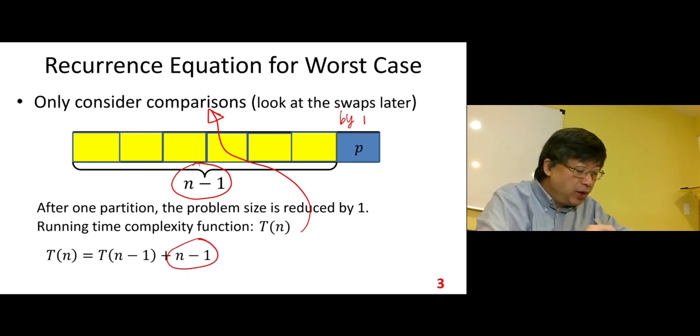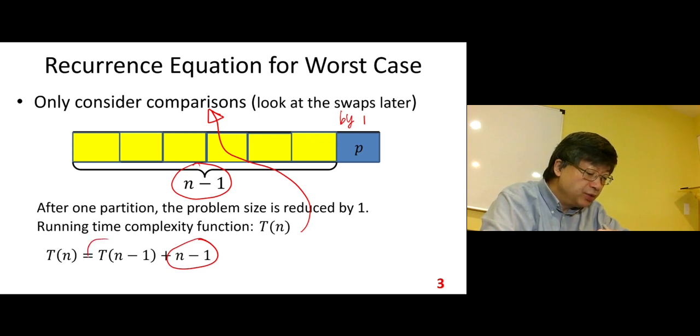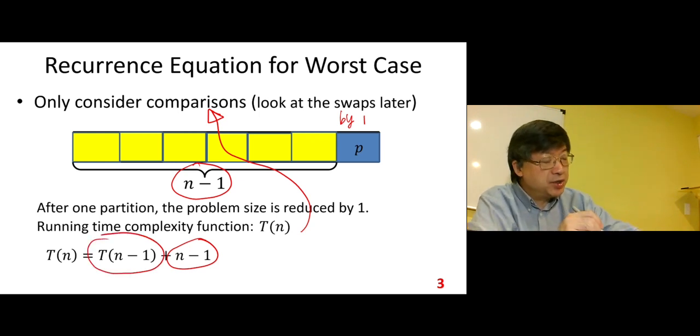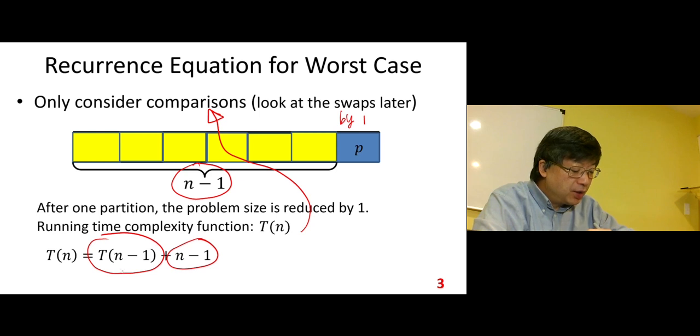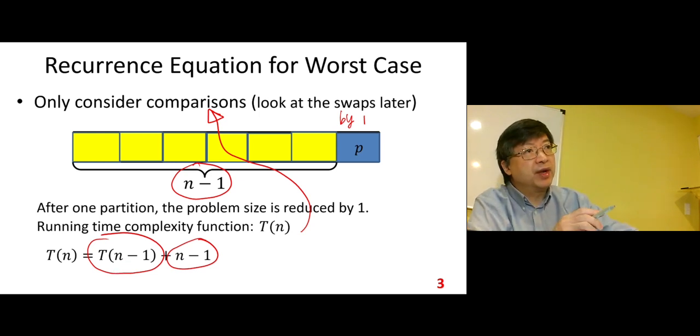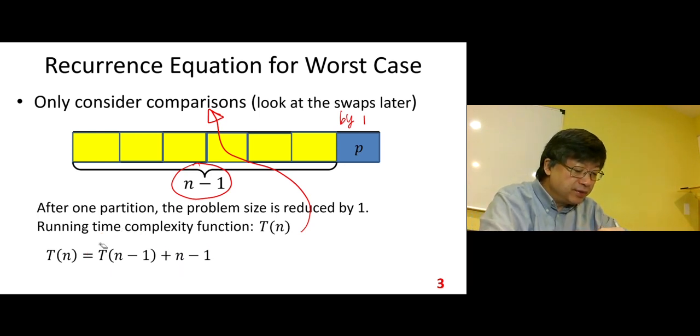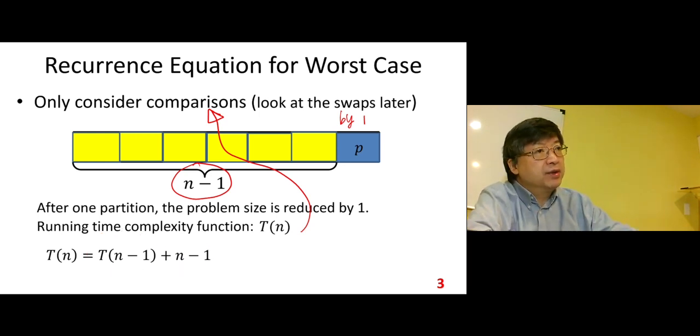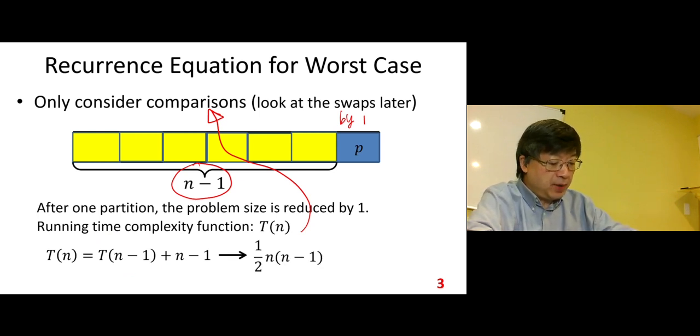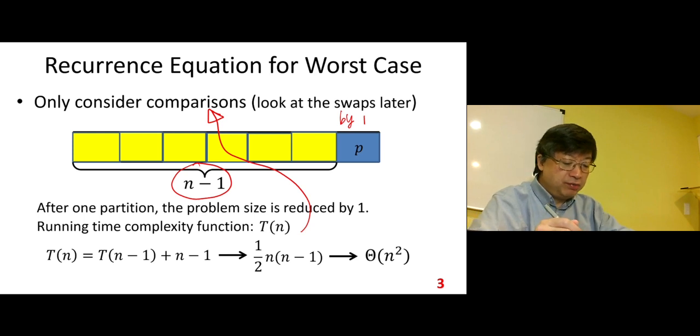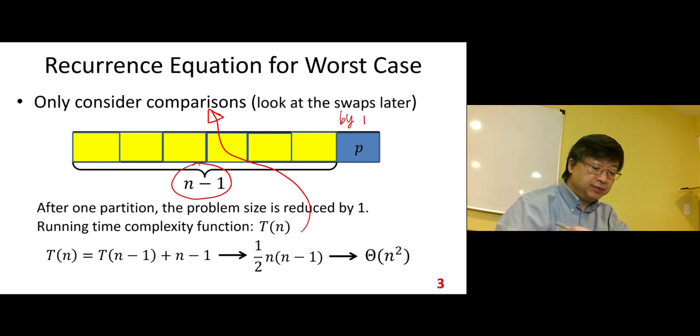After that, we reduce the problem to n-1 size, so we need to call this recursive function another time. In this way, we can find the original function T of n. The answer is this. I hope you can see it easily. Here, let me show you how to do it.